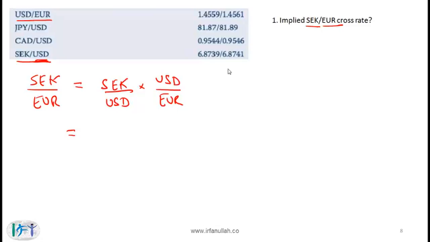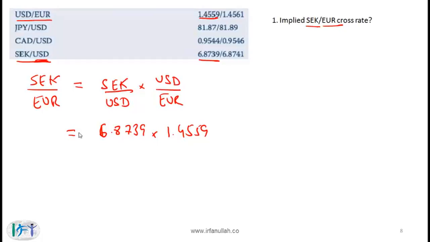So here we would simply multiply out. So on the bid side, we would have a product of the two bid numbers. So we would simply have 6.8739 multiplied by 1.4559.